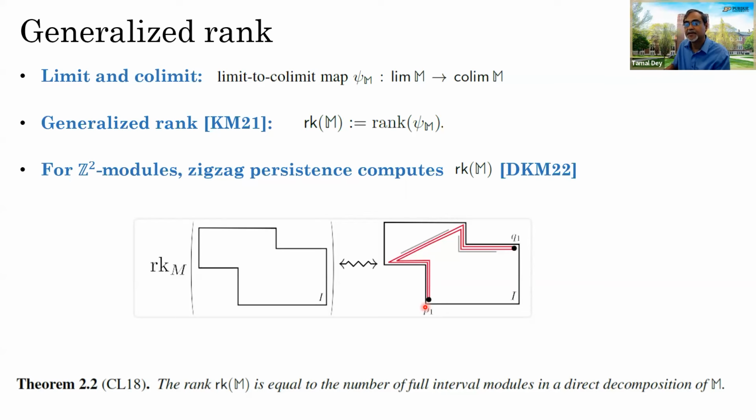Suppose you think about 3D. So in 3D, I have a three-dimensional interval. So what is the path now? Because this boundary somehow is two-dimensional now. I see. So you cannot now define a path. And if I cannot define a path, I cannot define a zigzag module because I do not have a zigzag filtration anymore.